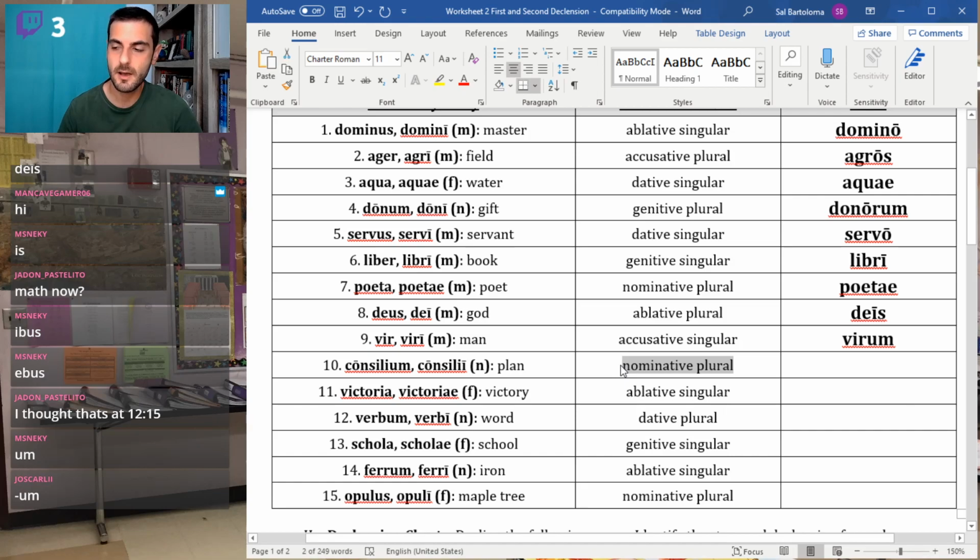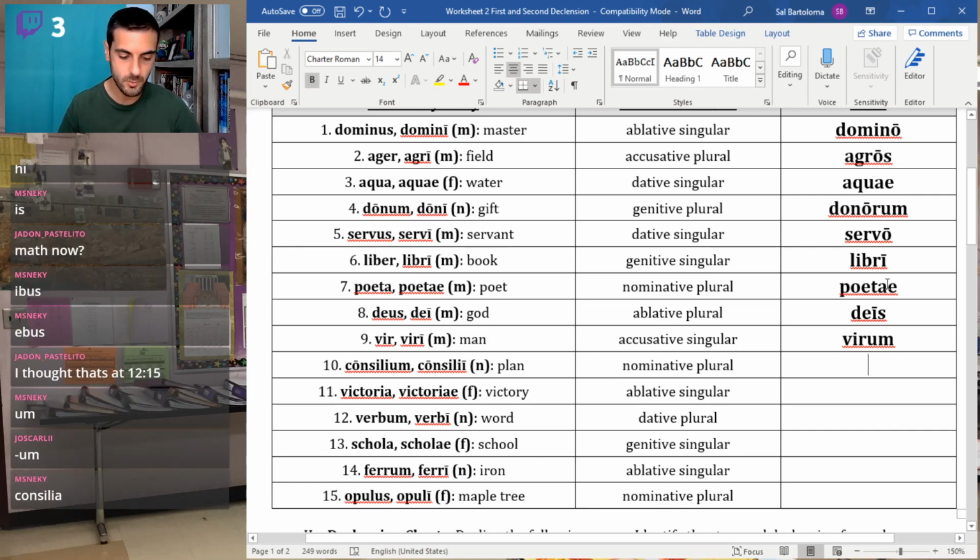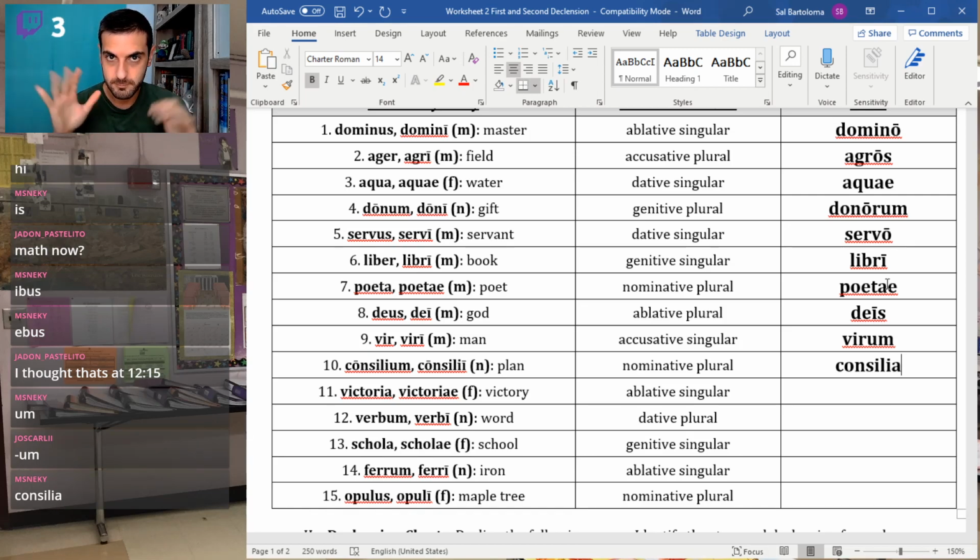Plural nominative for a neuter word, you know it, right? It's going to be concilia. That ending is your nominative plural and your accusative plural. Concilium, concilia. Okay? Datum, data. Verbum, verba. So whenever you see a neuter word, be ready.